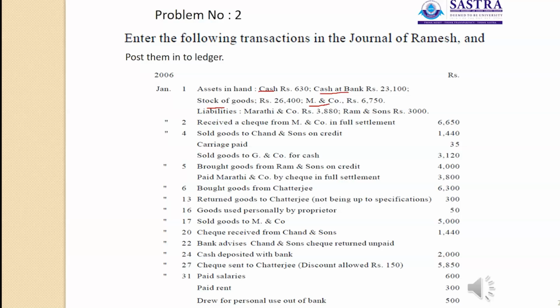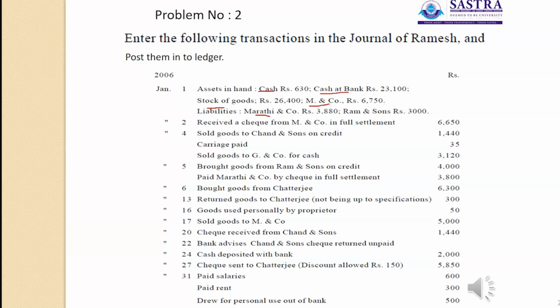So these are the assets. Assets always show debit balances because it increases the asset. So what is the journal entry? Cash account debited, cash at bank account debited, stock account debited, M&M Company account debited.